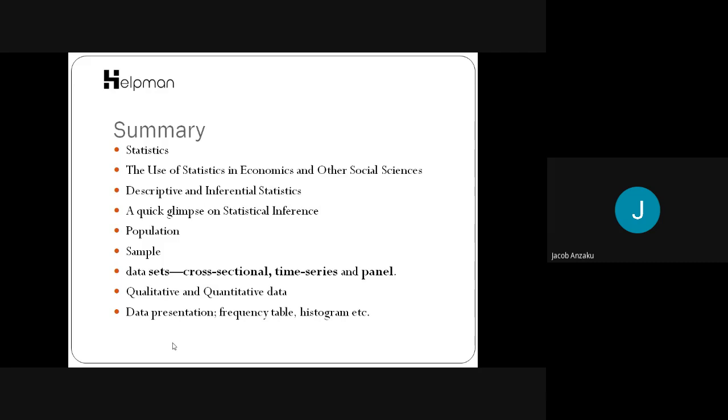Let's look at their differences and see how we can differentiate between a cross-sectional data, a time series data, and a panel data when we see any of them. I think that will form the basis of part of our discussion for the next class.